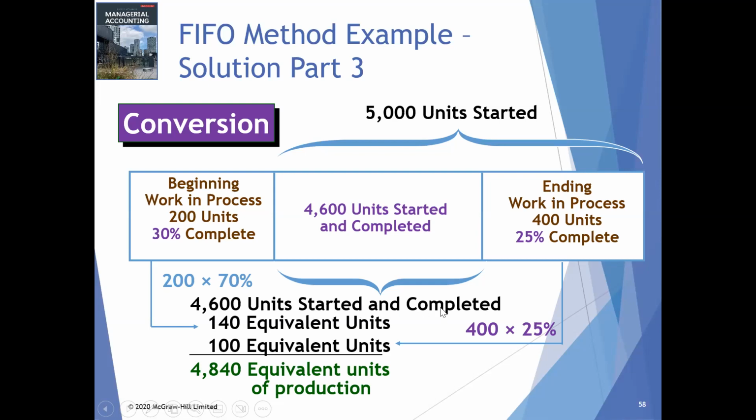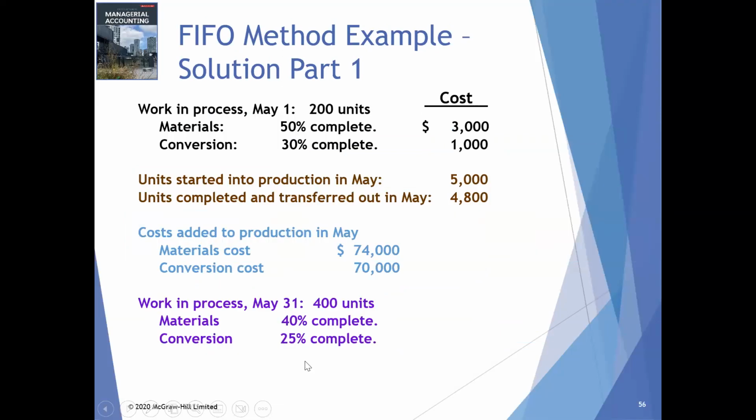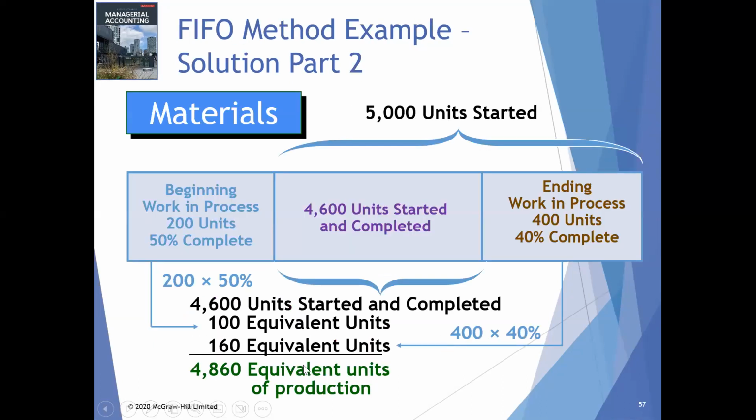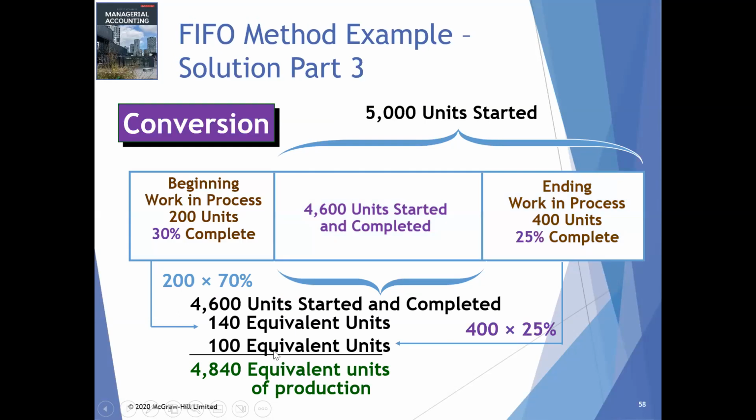It's started and completed. And work in process, 400 units we have here. So 400 units, 25% complete. We know that 25% here is the conversion 25%. So 25% will be calculated on the basis of 400. It means 100 equivalent units we have here.